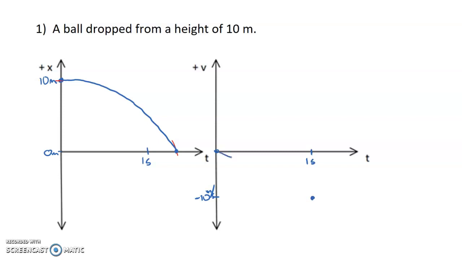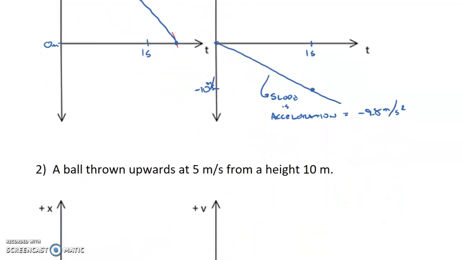So my slope here, if I were to graph that, it would be something like this. The slope of that graph would be the acceleration, which is equal to negative 9.8 meters per second squared. And that'll be the slope of every single velocity time graph for a free-falling object like we see here.